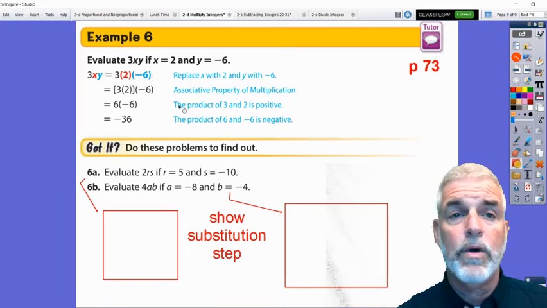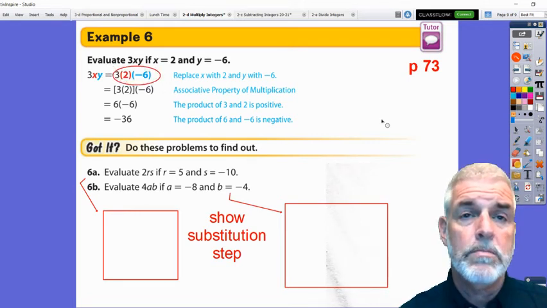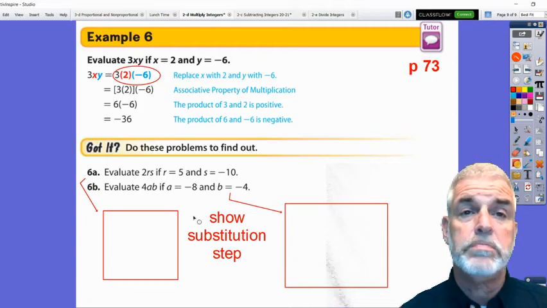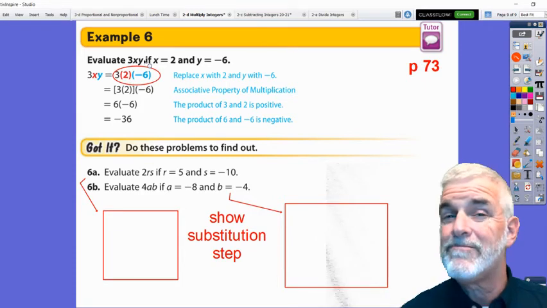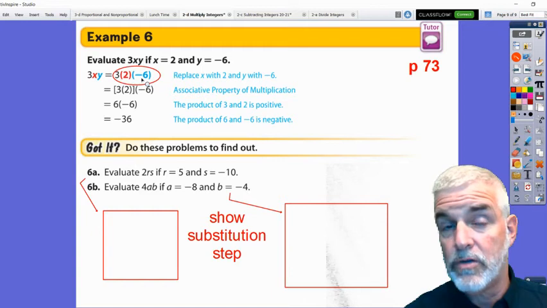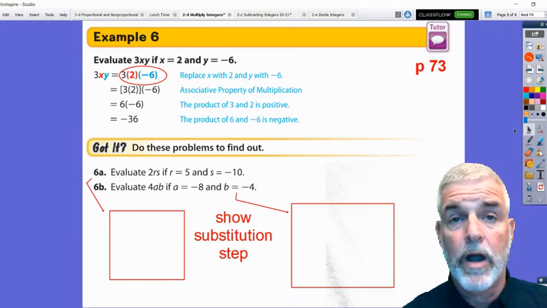Again, as I've said before in these types of problems, this step is required. Okay, you must write the substitution step. Just putting the numbers in for the letters, putting them in parentheses, really required when it's a negative number that you are substituting, okay? Because otherwise you can get in trouble. You'll see these sometime later on, okay?